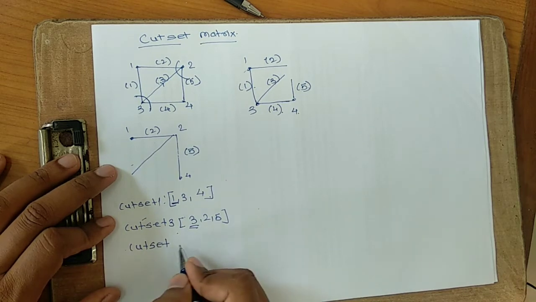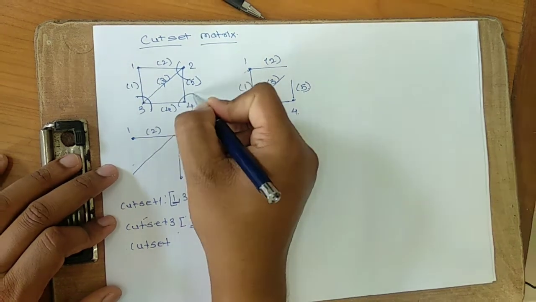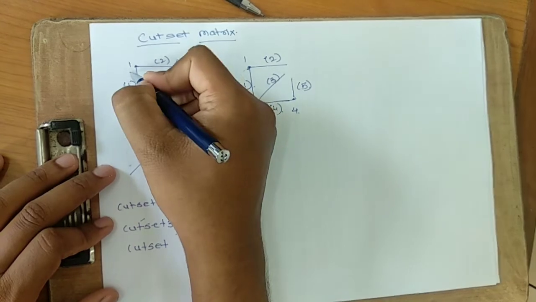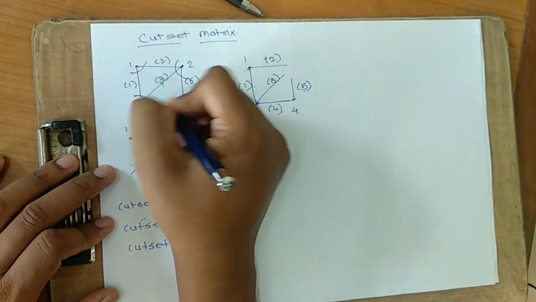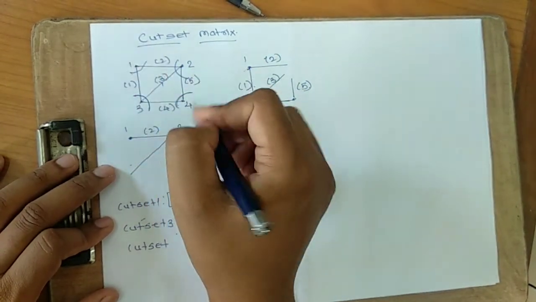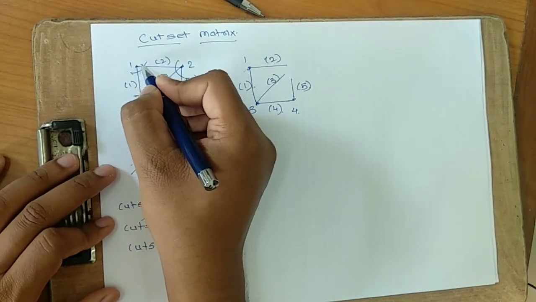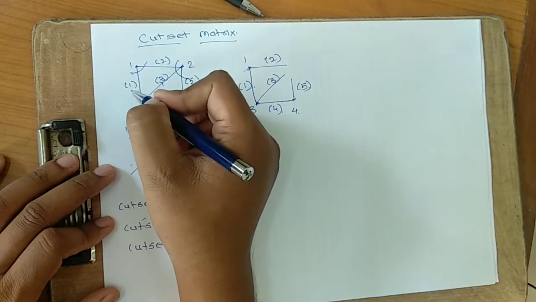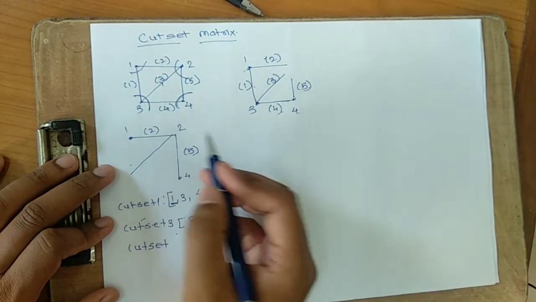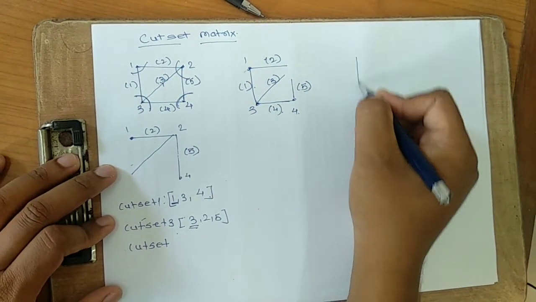Now one more cut set we can form. Here is the 4th cut set we can form. So in that way, by cutting different nodes, we can find the cut sets. Again, you can take 2 nodes inside the circuit. Suppose in this figure I draw it again.